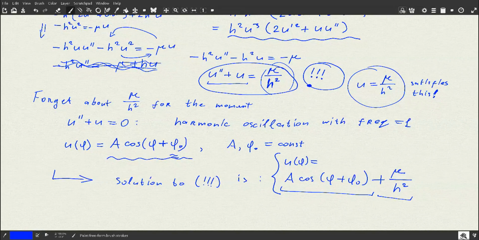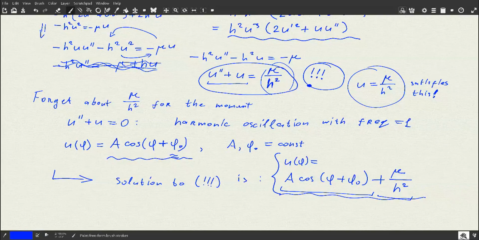For the second term, it yields the term itself, mu over h squared. Therefore, applying u double prime plus u to this solution, we indeed get the right-hand side. You can very easily see it by direct substitution.